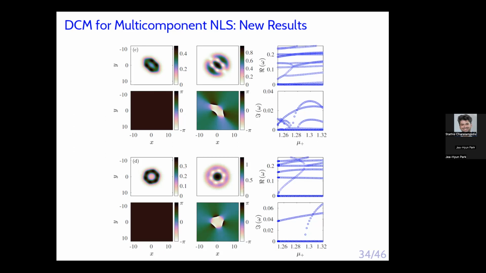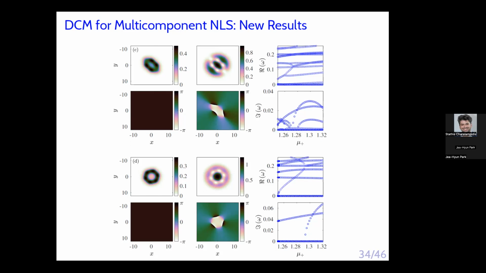Is there any good reason for that? If you think of how this trapping is happening, one component creates an effective potential that can trap. In the one-dimensional case, say you have a dark soliton and you trap a bright soliton in the other component.